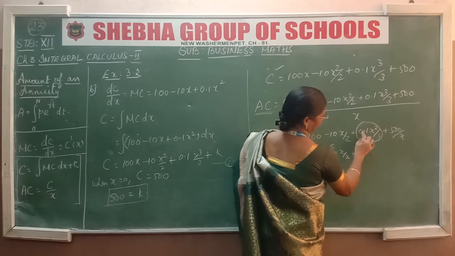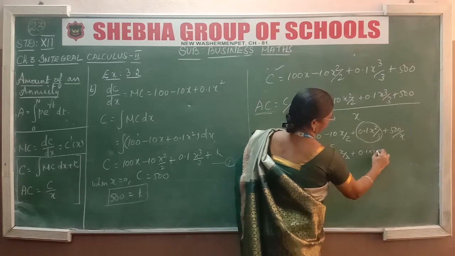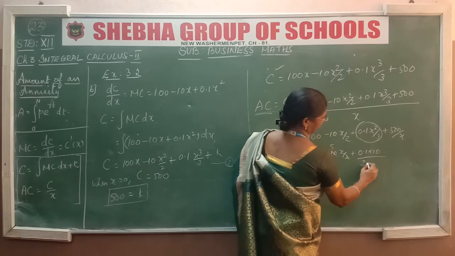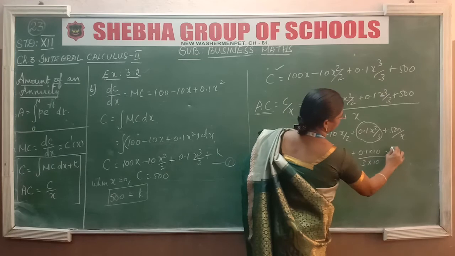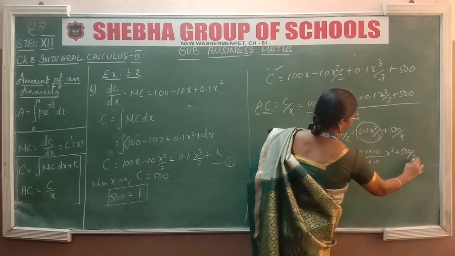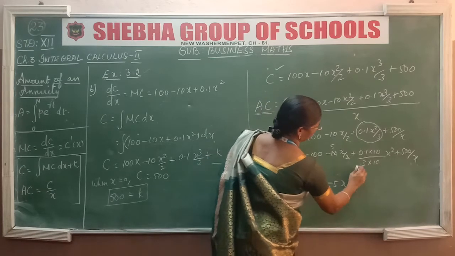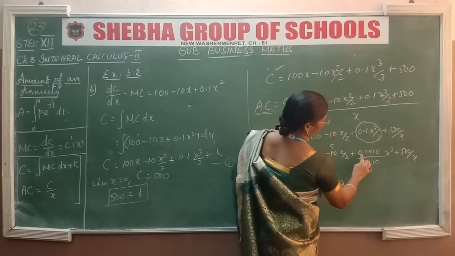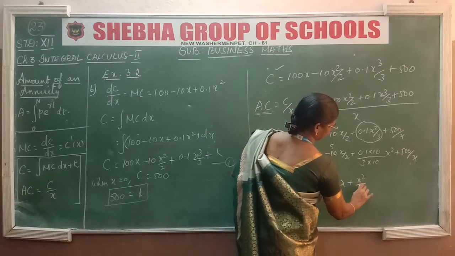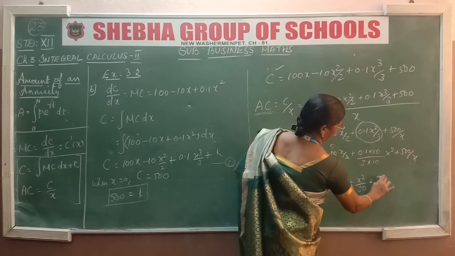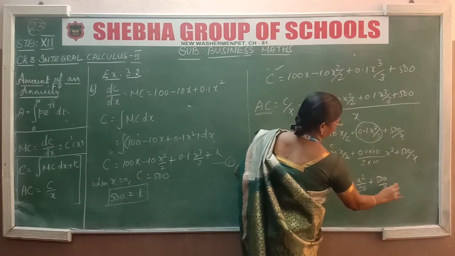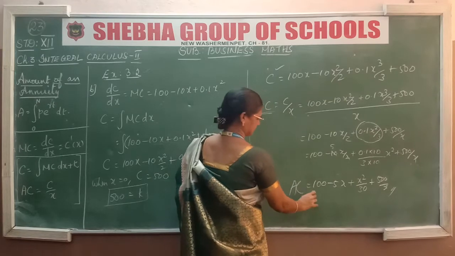And plus, multiplying this by 10 into 10, in the denominator we are having 3, 3 into 10, x square plus 500 by x. Now we get 100 minus 5x plus this becomes 1, so x square by 30 plus 500 by x. So this is our average cost. Understood this?